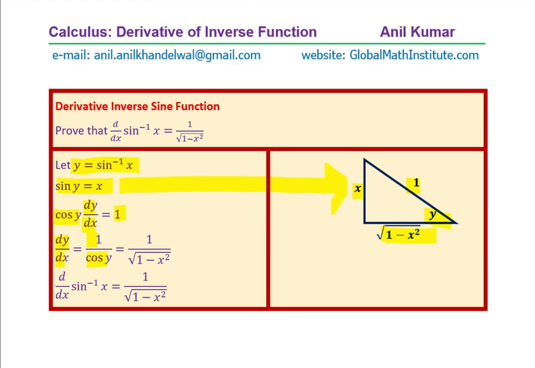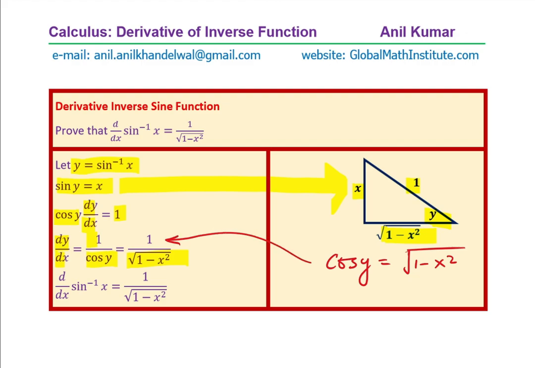And therefore, what is cos y? Well, cos y therefore is square root of 1 minus x squared, right? So from this triangle, we get what cos y is, and that value is substituted to get this result.